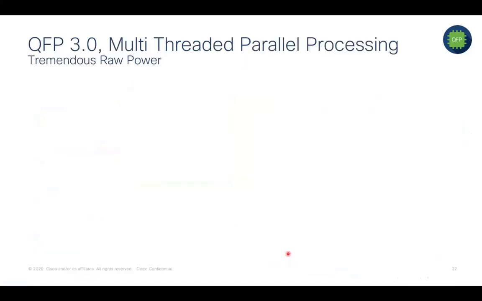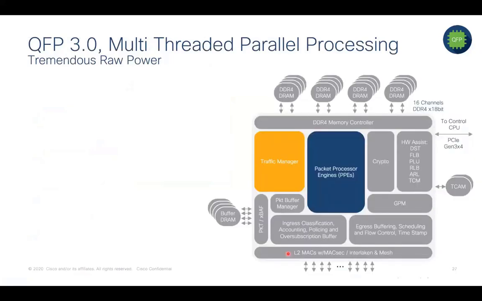Multi-threaded parallel processing. You might have heard this term for the past few years, like 10 years minimum, since the ASR1K started. How is that getting done? In the packet processing engine block that you see in the middle here, we have 224 packet processing engines. Each engine has 4 threads.